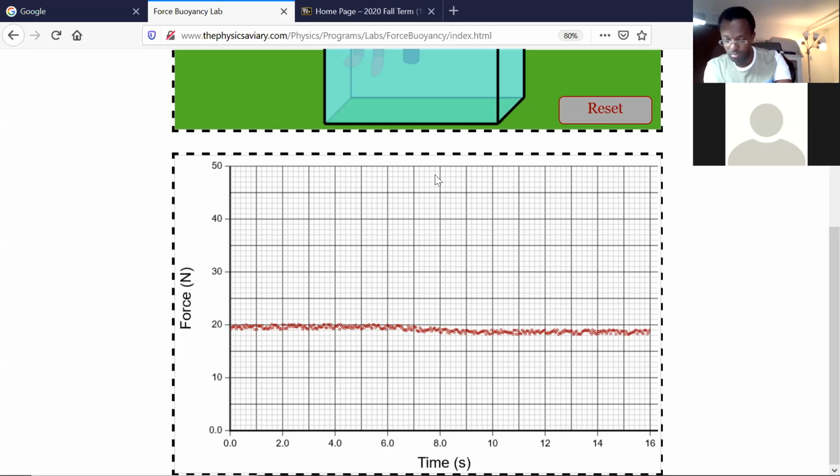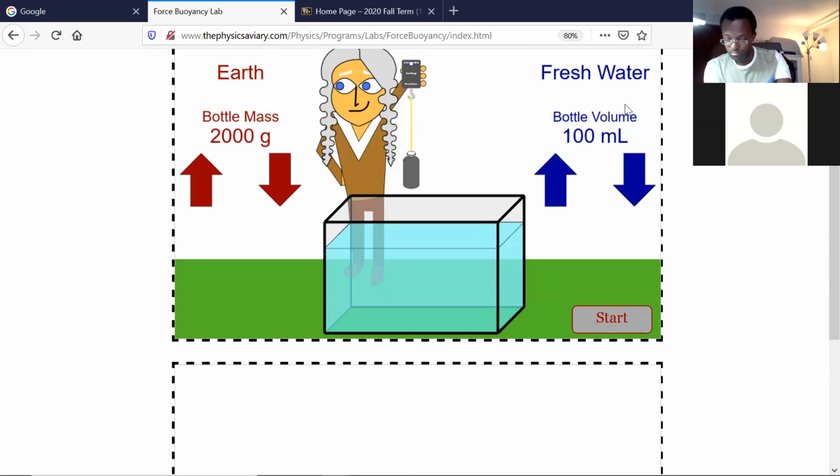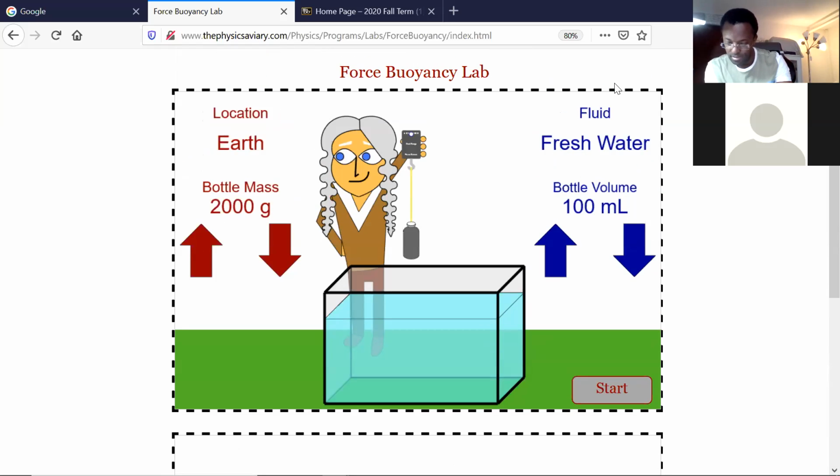Third part, quick reset. Select fluid as fresh water, which we already have. Select location as Earth, we are already on Earth. Bottle volume is 100 milliliters, we already have that. Mass is 1,000 grams. It may be hard to get to 1,000 grams. You see, when I go down, I don't reach 1,000, I go below 1,000.